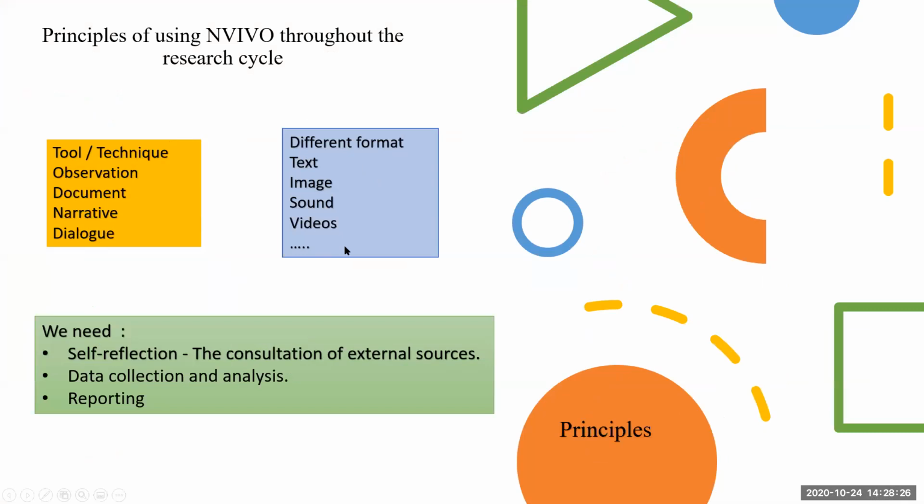All of these formats can be used. So it is not only interviews, not only transcribed interviews. We can also use it to analyze other types of qualitative data, even surveys, even Excel data. Excel format can be imported and used within NVivo.